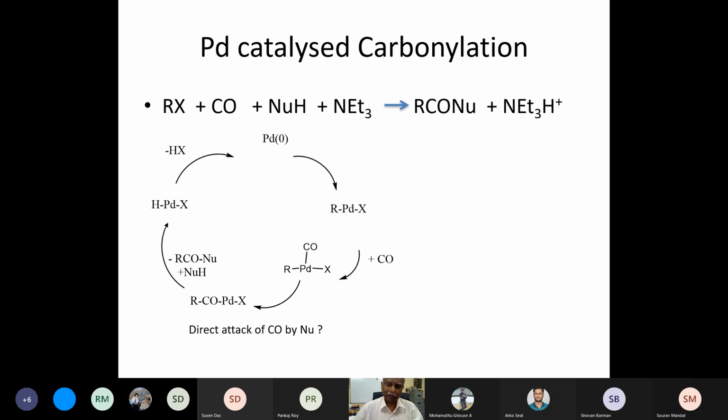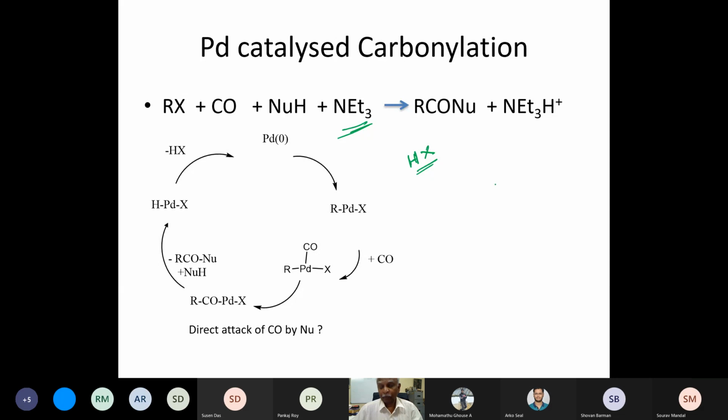In many of these cases, there is a base, because HBr or HX might be generated, and if that HX is detrimental to the reaction, it has to be removed, and then you use a base. In the Reppe reaction, HX was essential and we did not need a base. In fact, we should not have a base so that HX will activate the nickel.